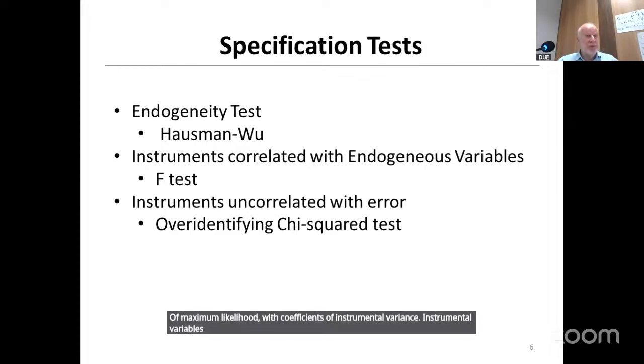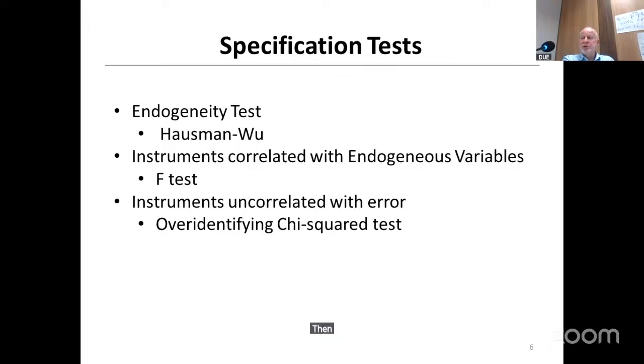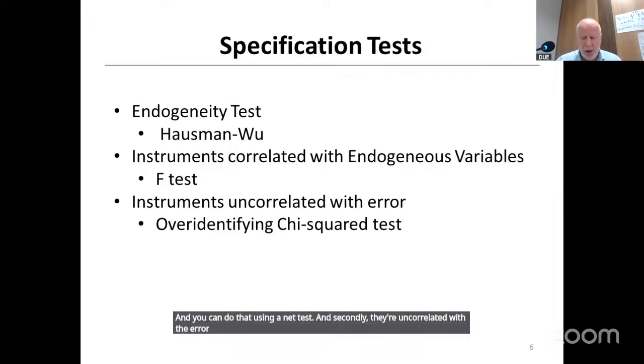If they're significantly different, you know that you've got a causality, endogeneity problem. Then they want you to test the 2 properties of the instruments. First, that they're correlated with the potentially endogenous variable, and you can do that using an F-test. And secondly, that they're uncorrelated with the error, so then you do an over-identified GMM test.